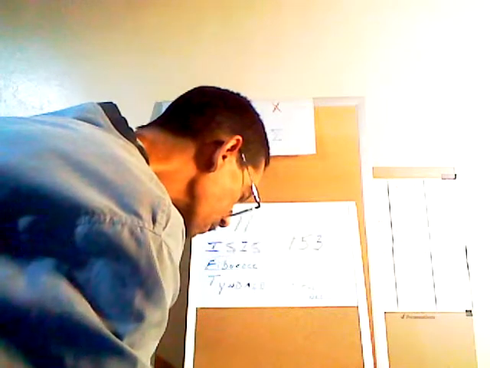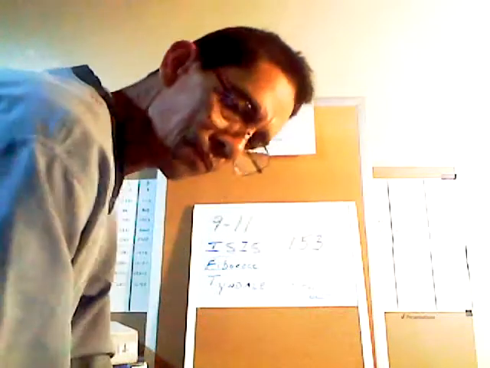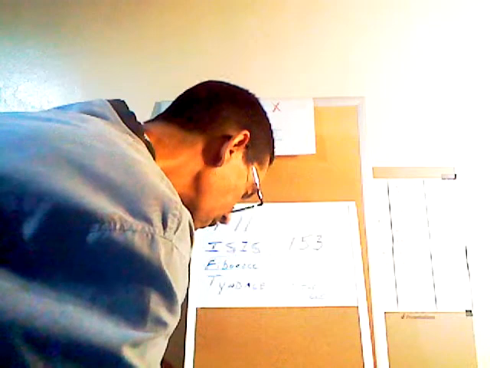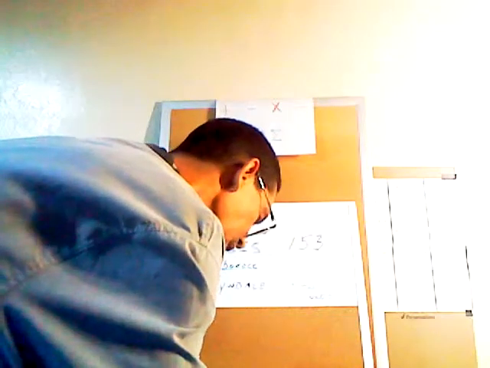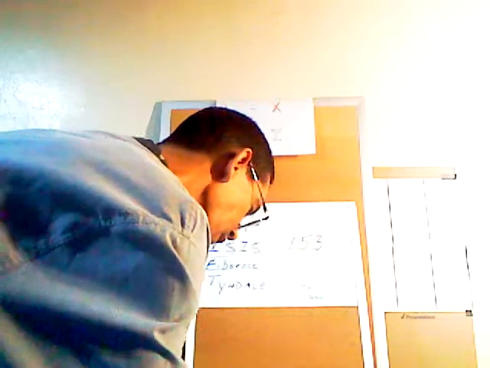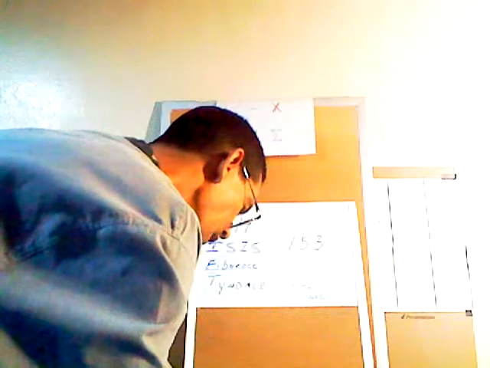But we do know that 153 equals what? 17 times 9. So let's look at that. 17 plus 1 equals 18, and half of that equals 9.